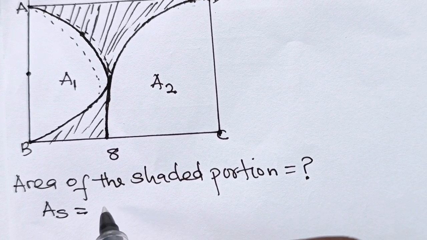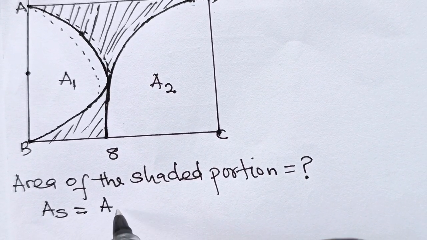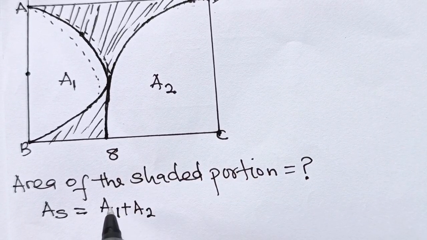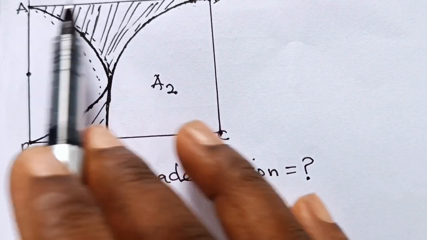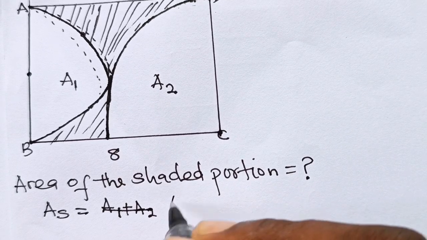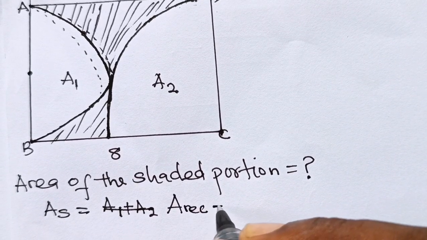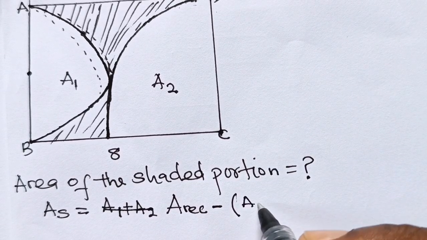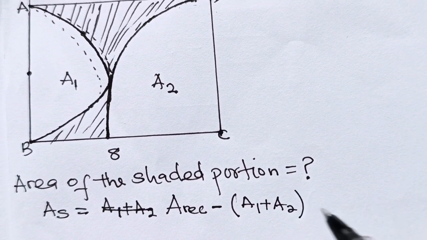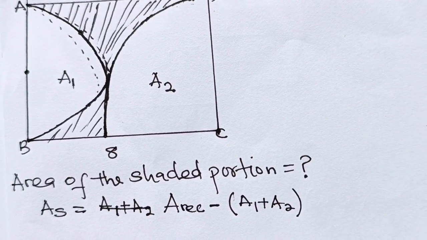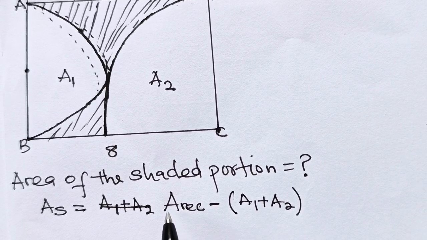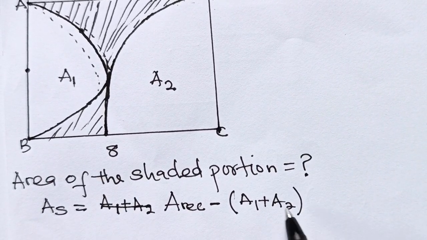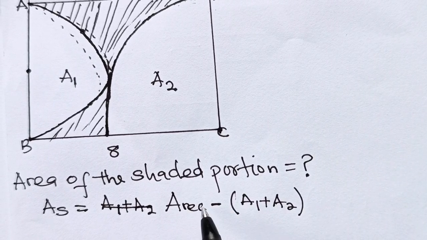So it's equal to A1 plus A2, which is equal to the area of this rectangle, let's call it A rec, minus the area of this and this, that is A1 plus A2. So in everything, we are going to find the area of the rectangle, and then we get the area of the semicircle and the area of the quadrant, and we are done.